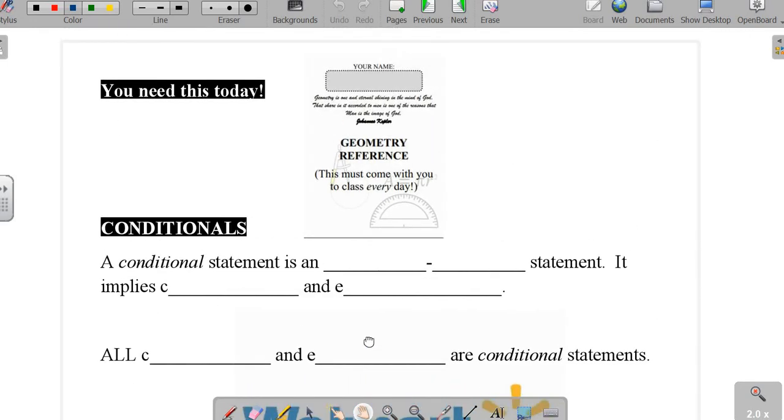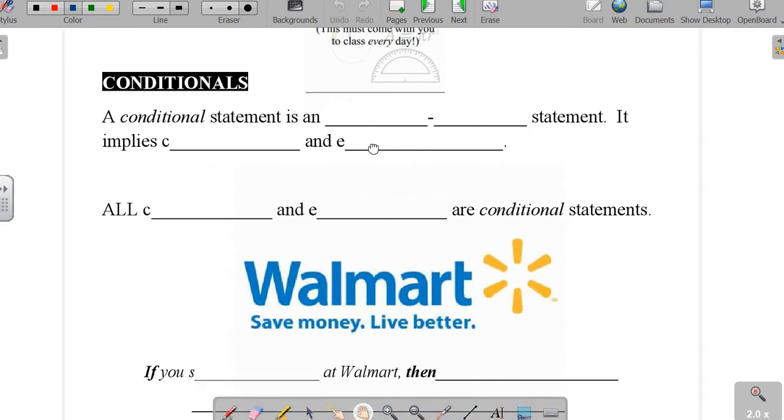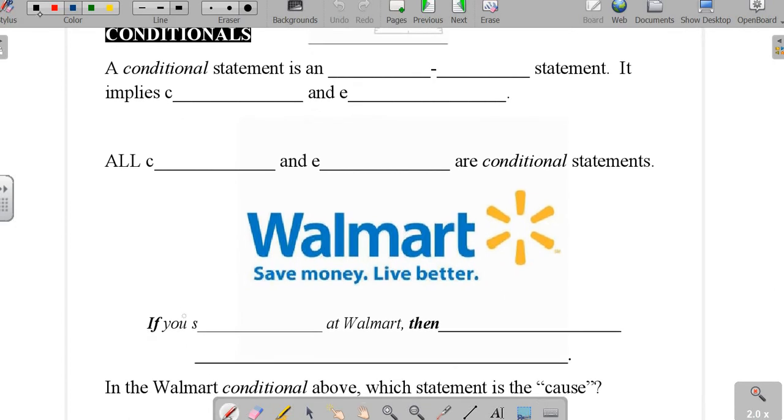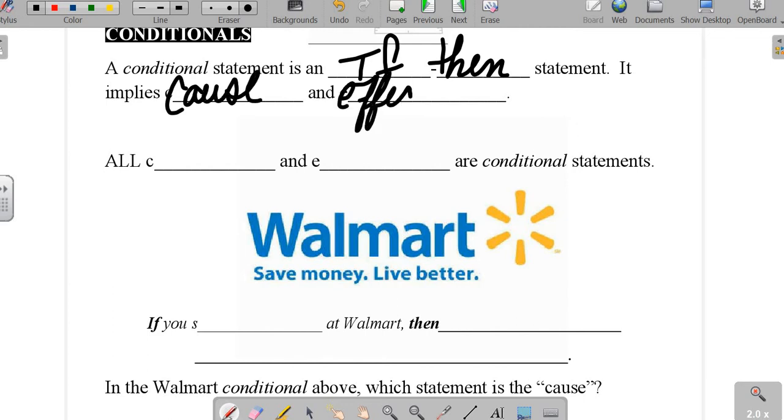You're going to need your reference booklet handy today. Make sure that's close by. A conditional statement is an if-then statement. It implies cause and effect.